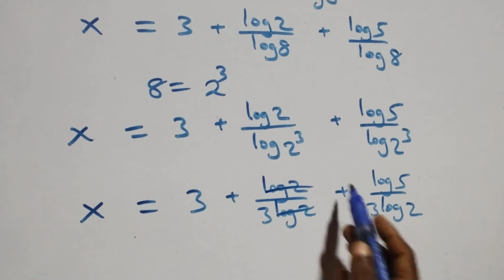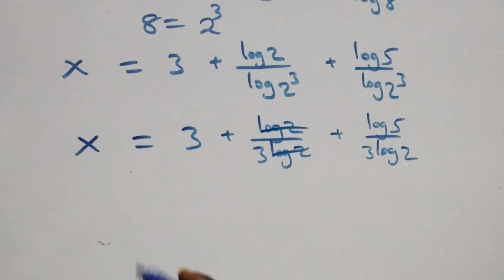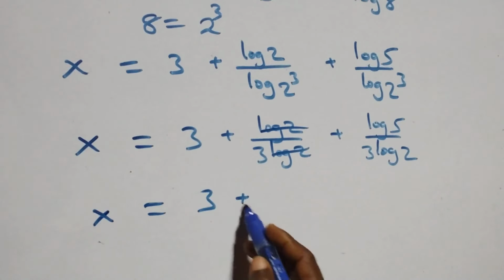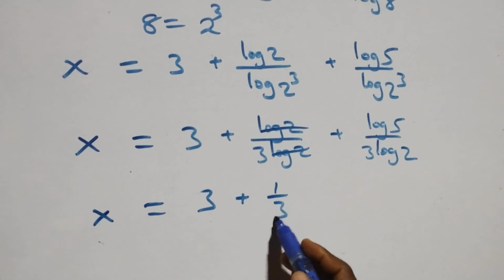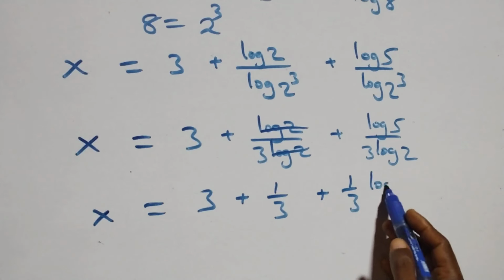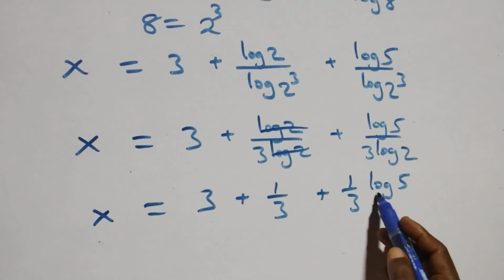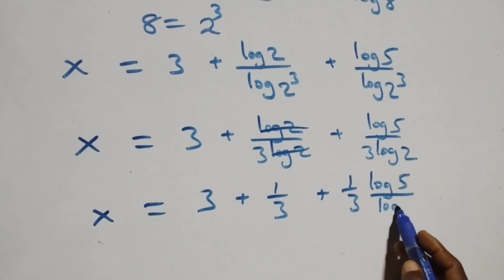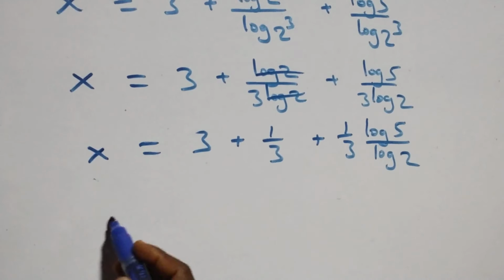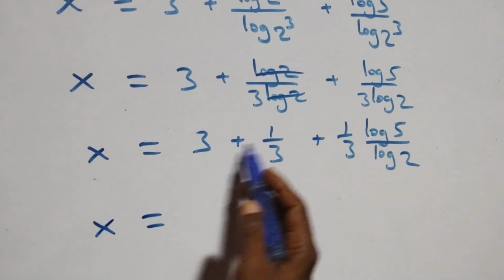Here log 2 cancelled each other. This equals x equals 3 plus 1 over 3, plus also here we have 1 over 3 times log 5 over log 2. That is, from here we have x equals 3 plus 1 over 3.